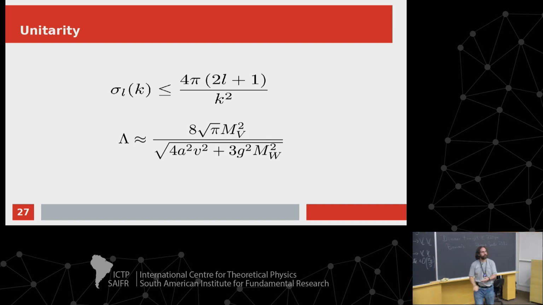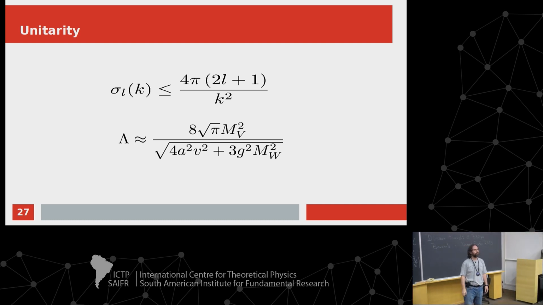So how come? Just because there is no trilinear coupling, and all the coupling constants, I mean, there is only one coupling constant, which is the gauge one.